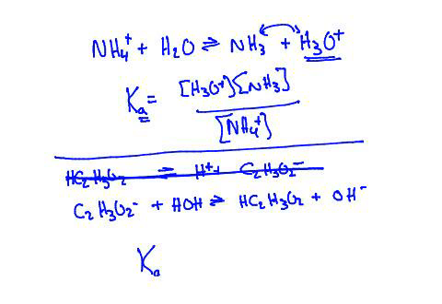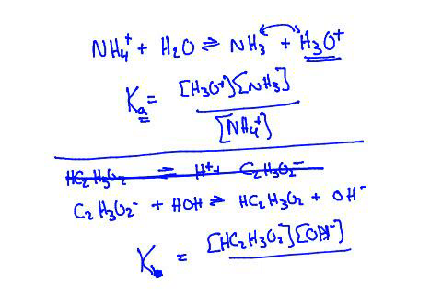And now you can write an expression, the Kb, that's a B, equal to the concentration of the acetic acid. It's kind of weird to have an acid in a basic solution, but it's an equilibrium system. That's what you've got to keep in mind. Times the concentration of OH negative divided by the concentration of the C2H3O2 minus. So you have a Ka and a Kb.